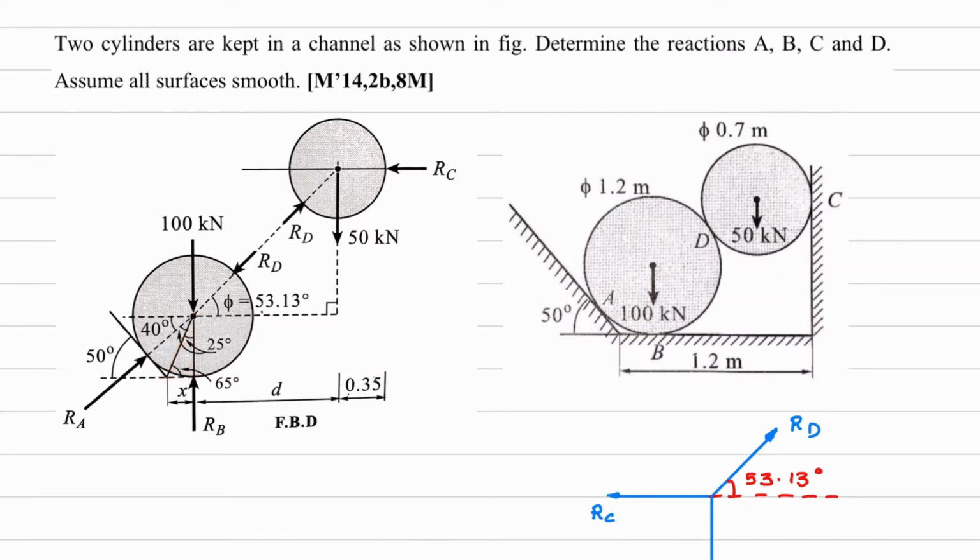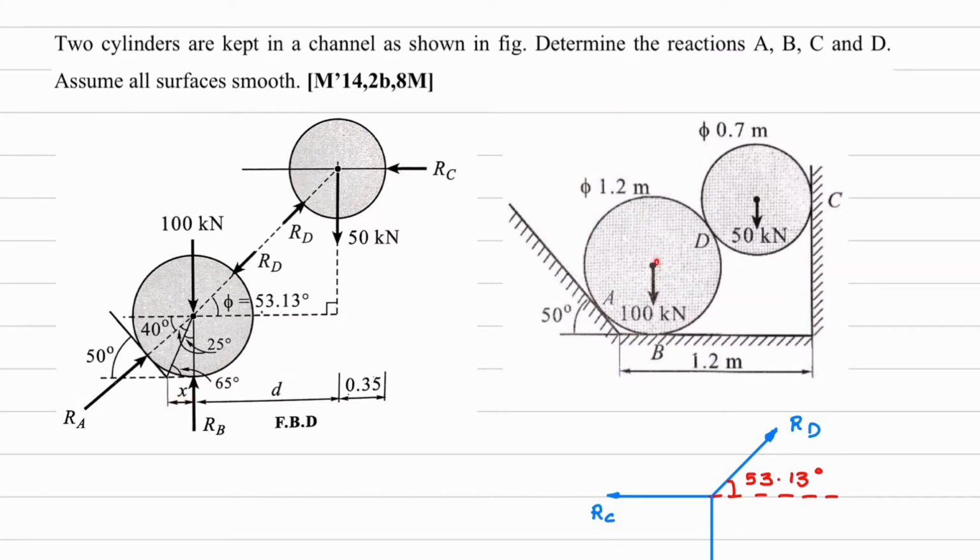From there we have this 65 degree, and the radius of the cylinder is known. Here the diameter is given. Here you can see the diameter of this cylinder is 1.2 meter, and the diameter of the upper cylinder is 0.7 meter. This is the symbol for diameter. Now this is x distance.